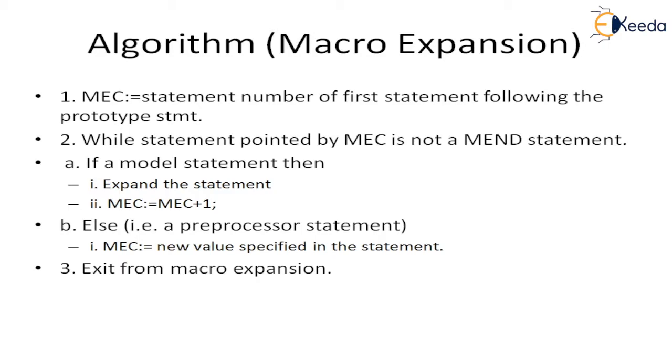Inside it, if it is a model statement, we expand the statement and increment the counter. In the else part, the preprocessor statement is executed, which sets the macro expansion counter to the new value specified in the statement, and after that, exit. In this way, the macro expansion works.